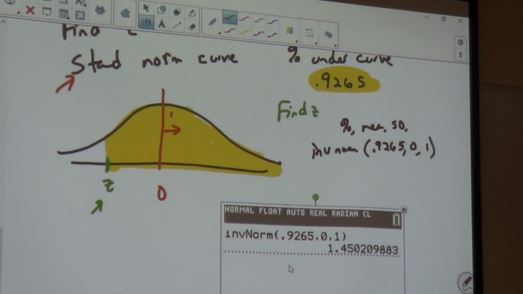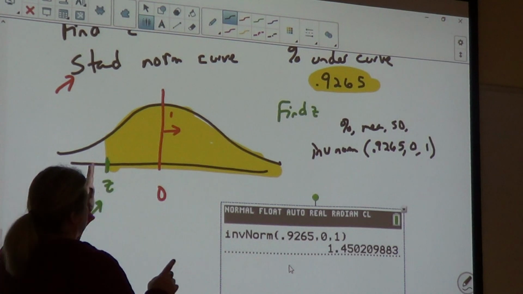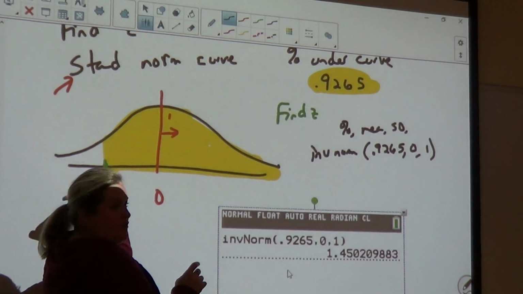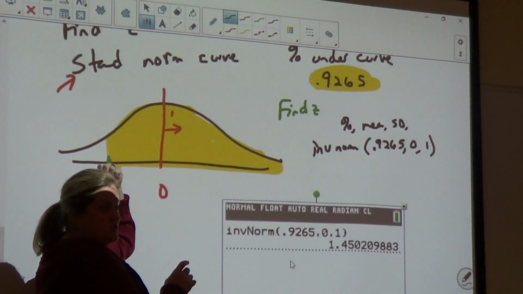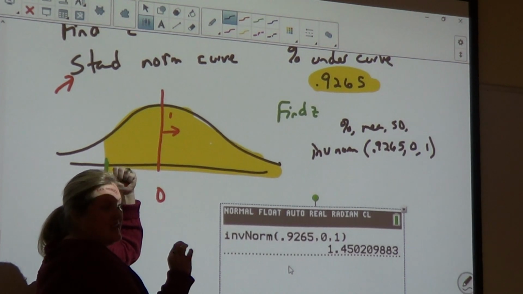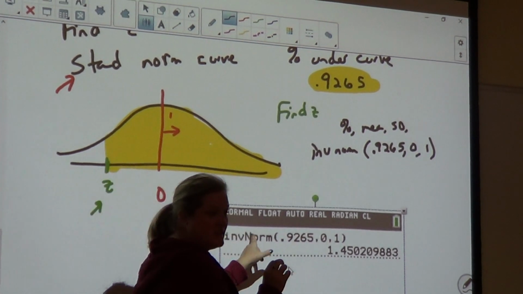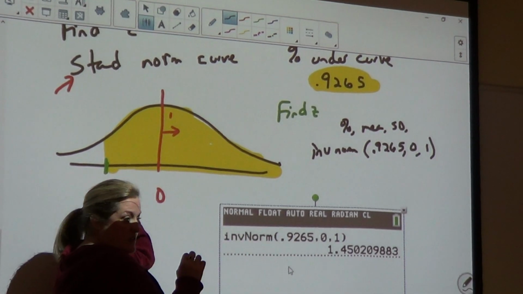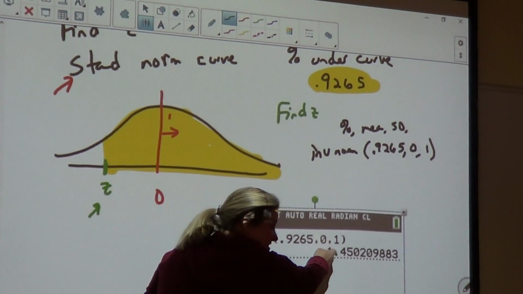Now, this is where you have to pay attention. Look at where my z is on this side. So what must my z be? Negative. When you're doing inverse norm, you've got to pay attention to this sign.